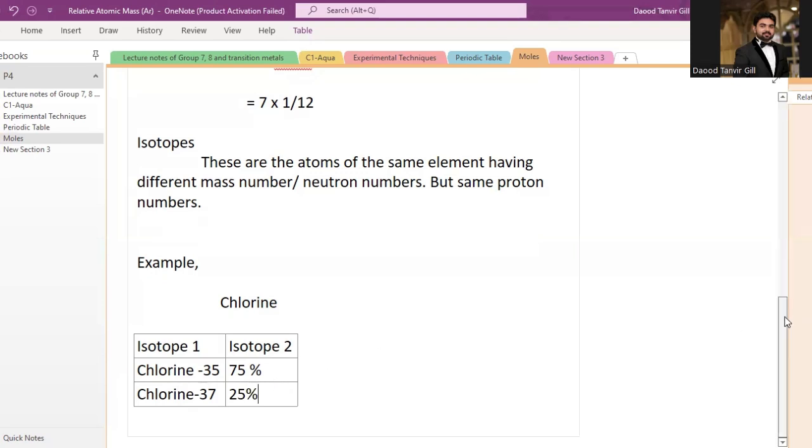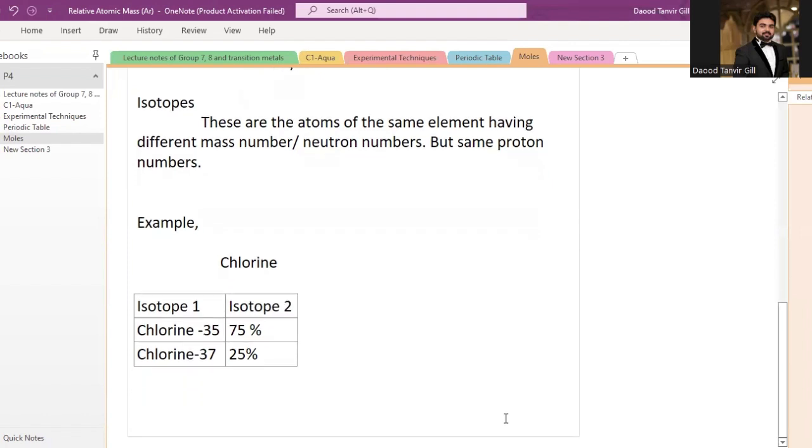Okay. So how can we find the relative atomic mass? I'll tell you a formula. It's a very easy formula for relative atomic mass. It is denoted by the symbol AR.